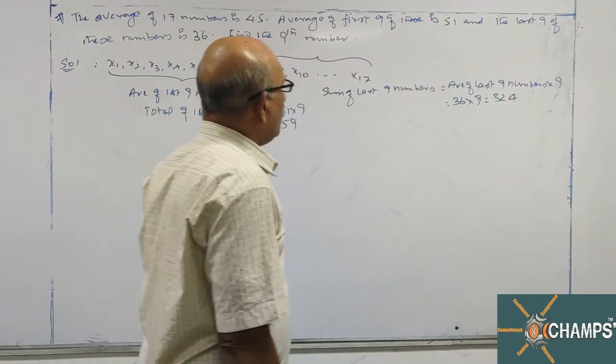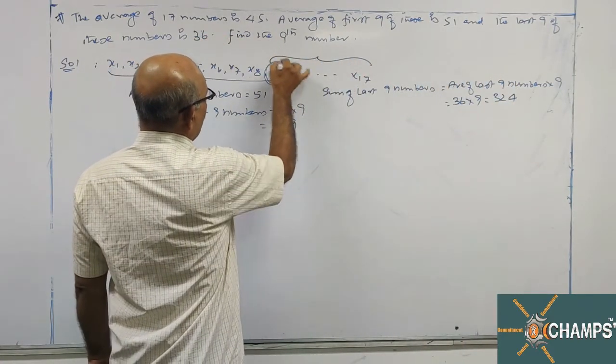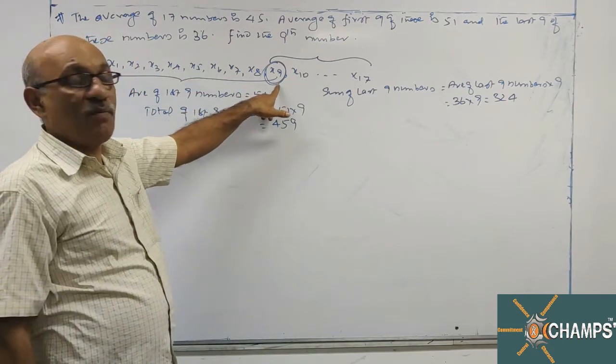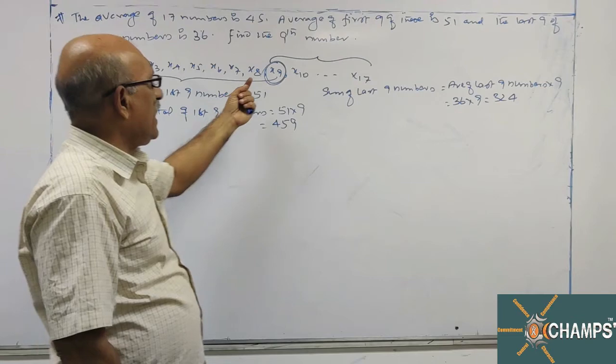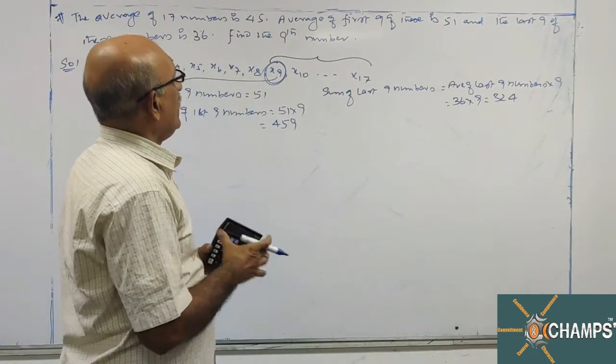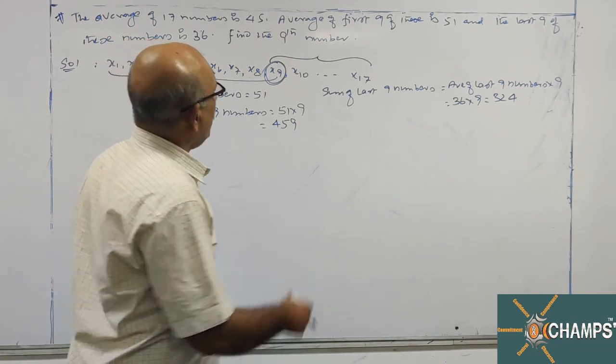Now look at this here. Number 9 is double counted. X9 is included in the sum of first 9 numbers. Again x9 is included in the sum of last nine numbers. So what will I do? One more step is required.